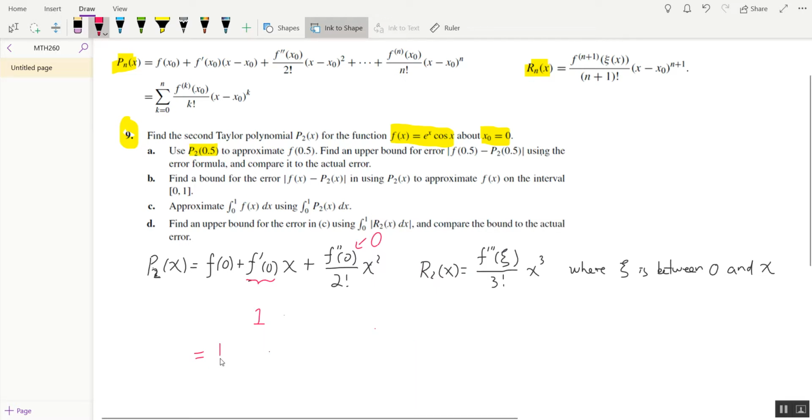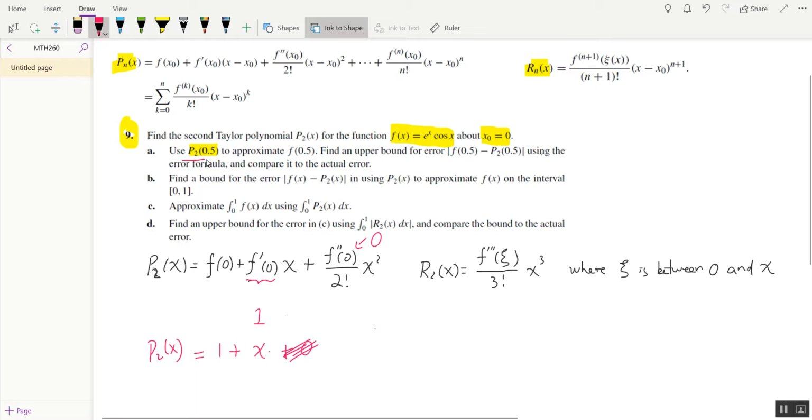So it's 1 plus f prime is 1, so therefore the next term is x, plus the next term, this is 0. F double prime is 0, so it's going to be just 0. And so this is my P2 of x.